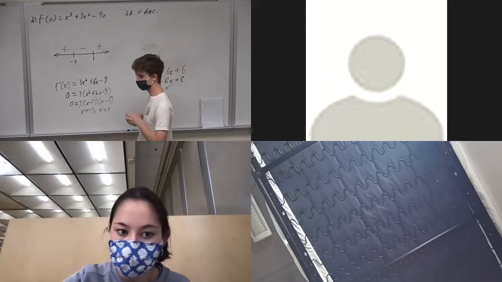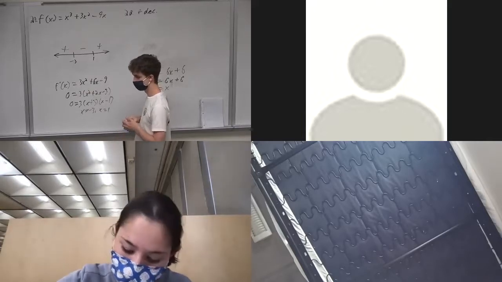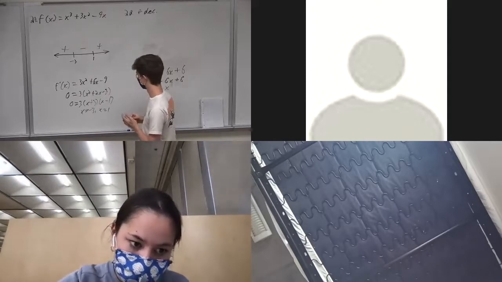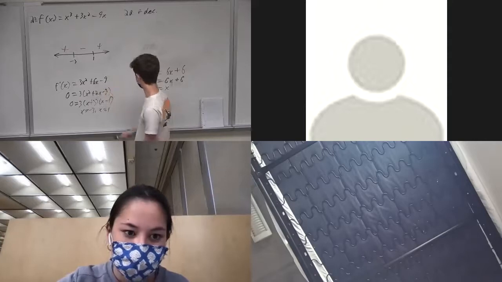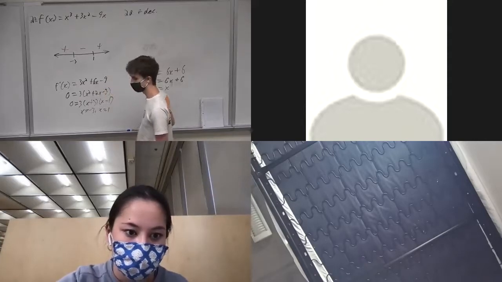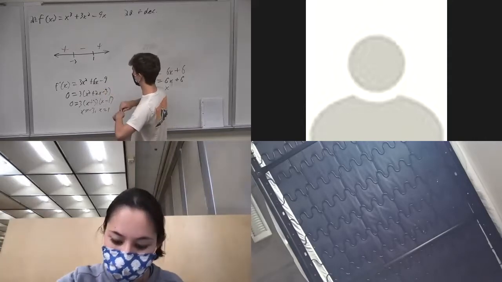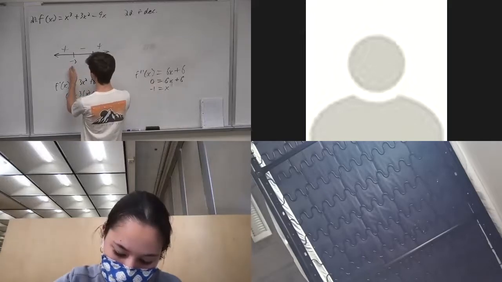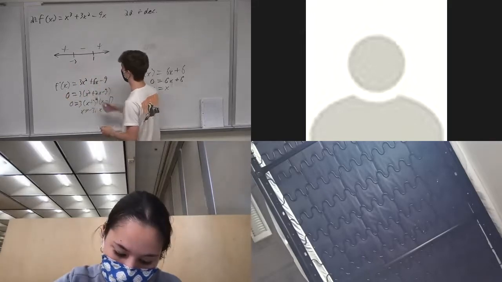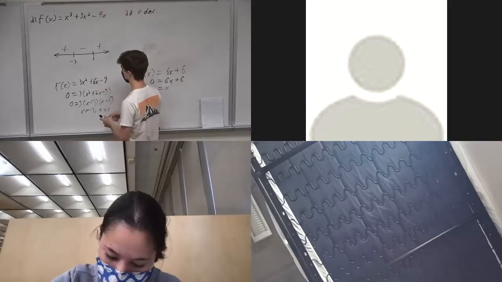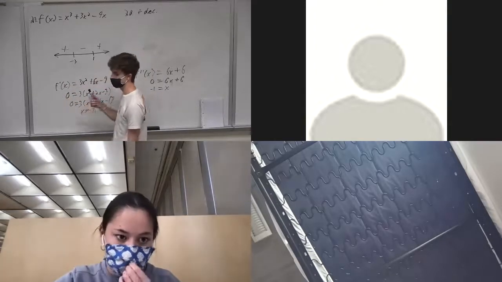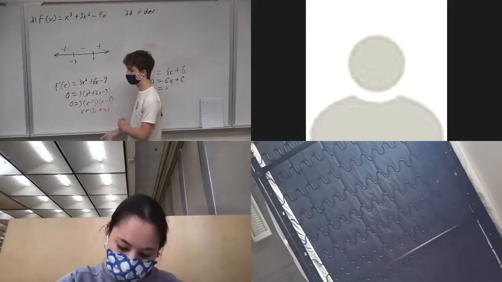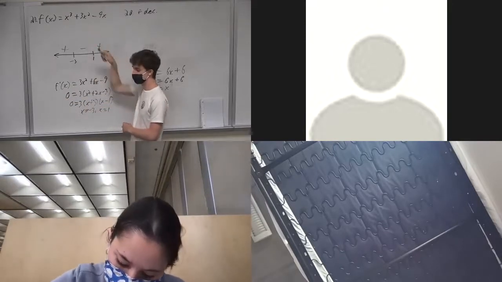I got it to be negative, plus 12 minus 9. Yeah, cool. So between x values of -3 and 1, the derivative of f is negative. Therefore, the original function is decreasing.